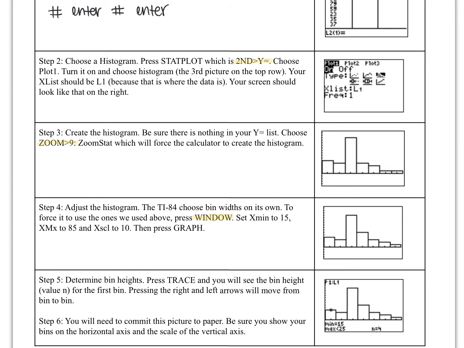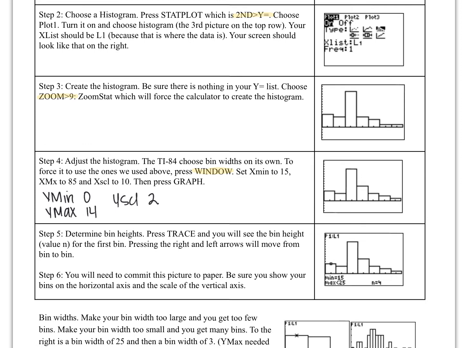We can also adjust the Y. So we're going to change our Y min to 0, our Y max to 14, and then our Y scale to 2. And then we'll press graph. And then we'll have a new histogram that looks just like the one we had on the previous page.